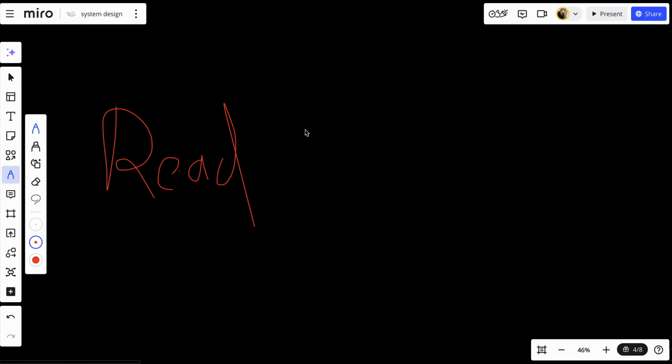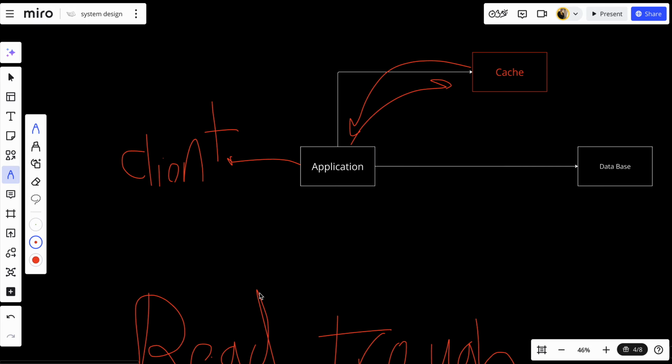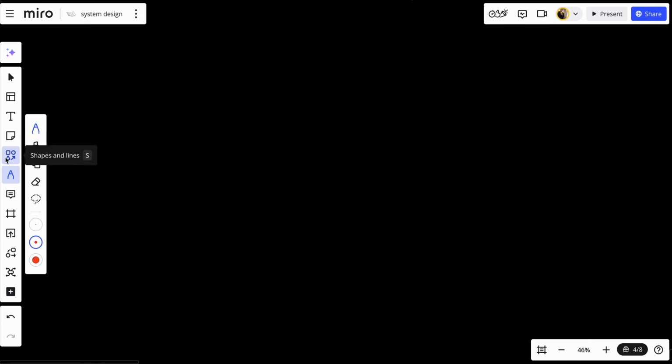The second strategy we have is read-through cache. Let's try to give an example here. Let's create a new one.